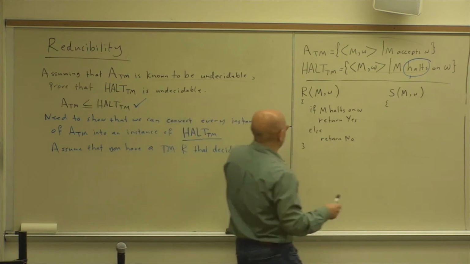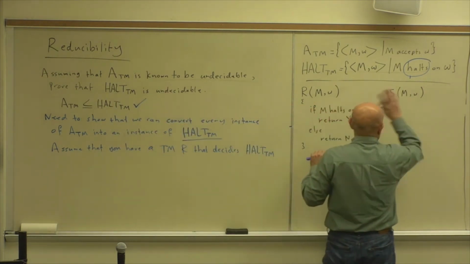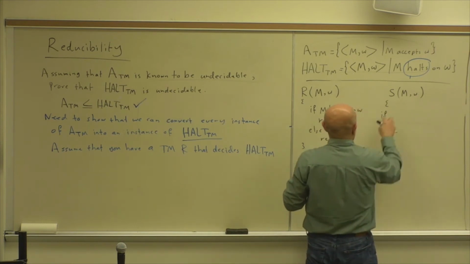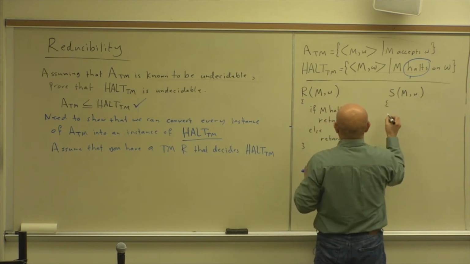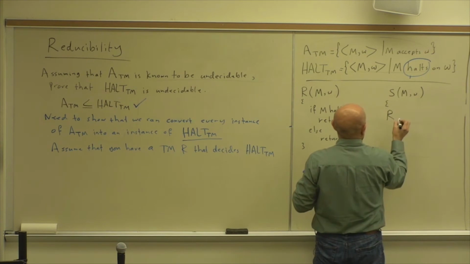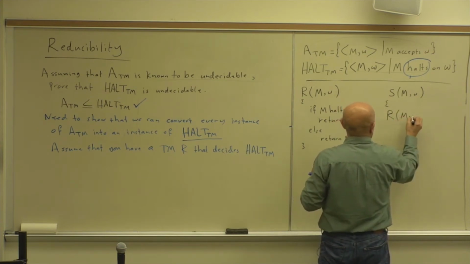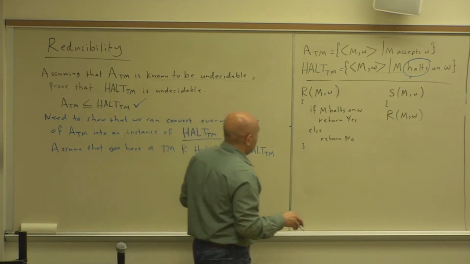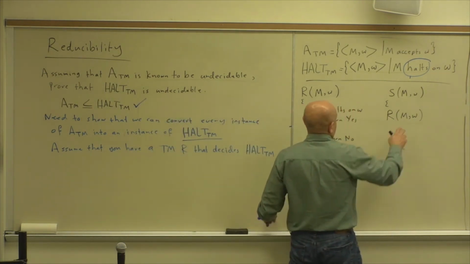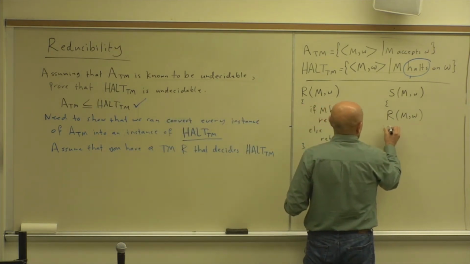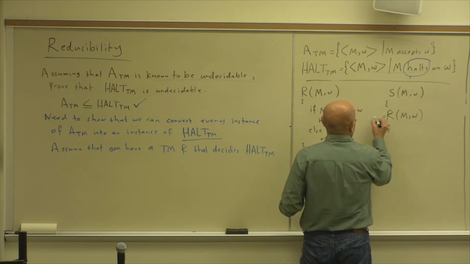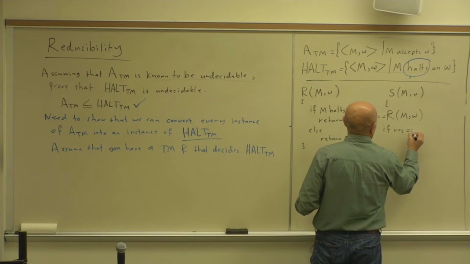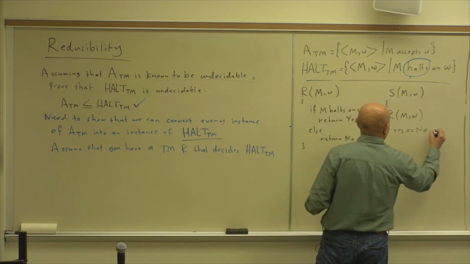Sorry, I was thinking of another problem. So run R on M and W, and this is the result of R. If the result equals no, reject.